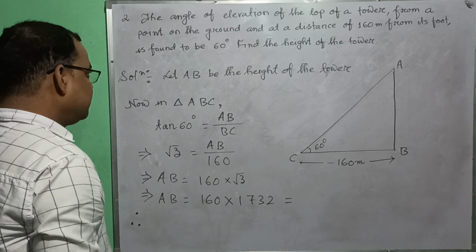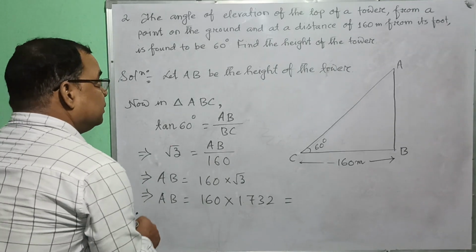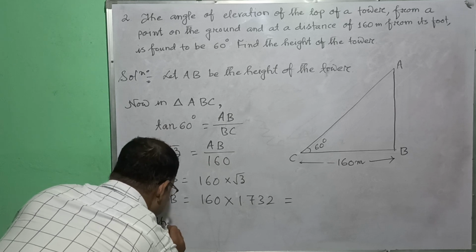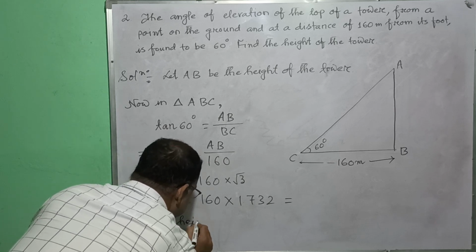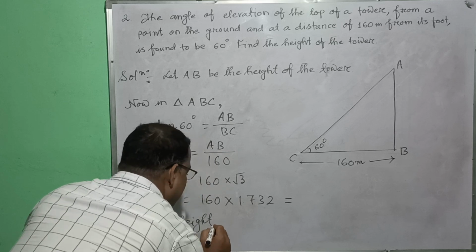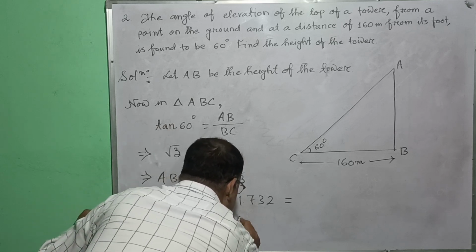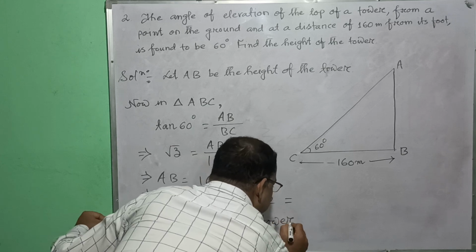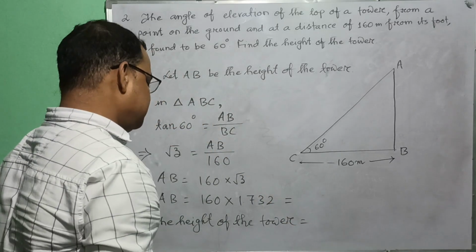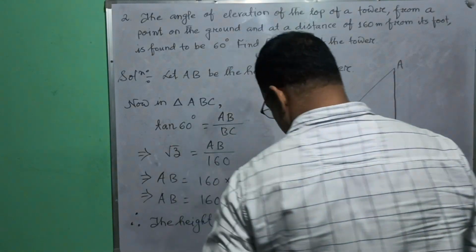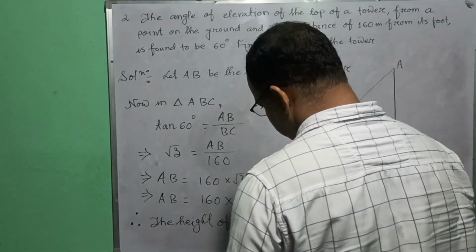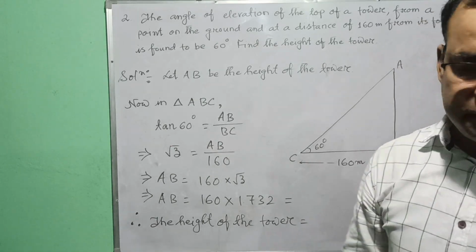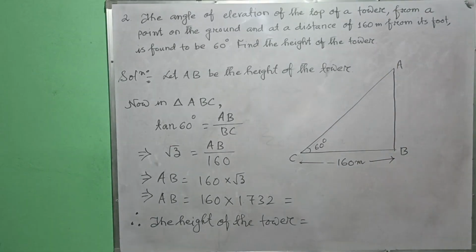So now to write the answer, you have to multiply it. Therefore the height of the tower equal. What is the multiplication? If we multiply 160, we can use the calculator.